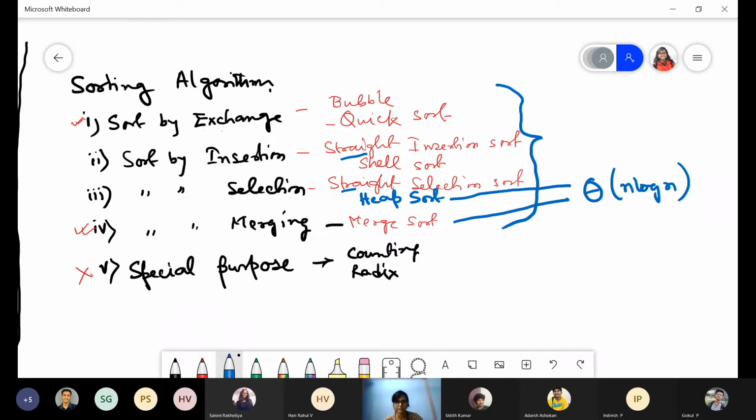Okay, another question comes from this. What do you think is the most natural kind of sorting technique? This is another viva question. Which one is most natural? Bubble sort. Okay.